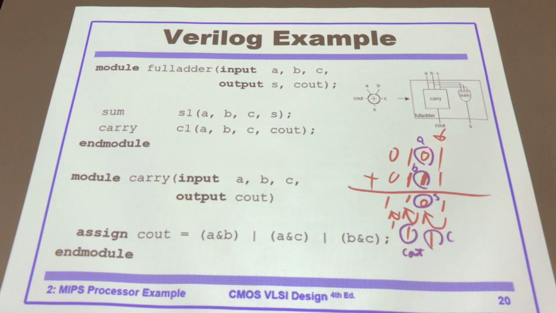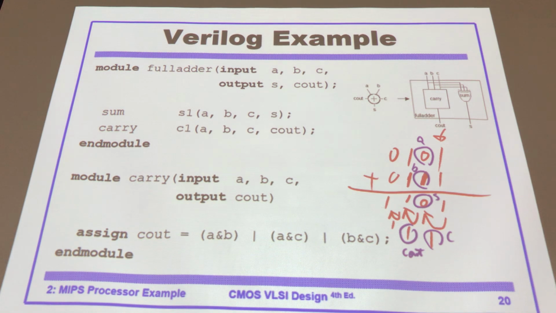With an even number of 1s, the sum is 0, not 1. In carry out, if more than 1 bit is 1, you're going to generate carry out.